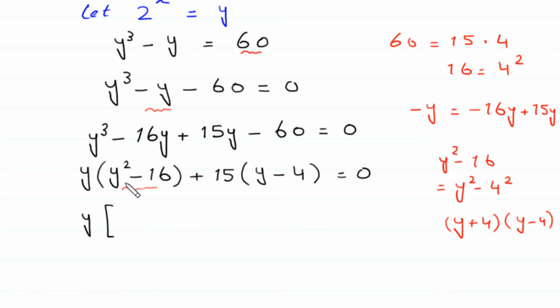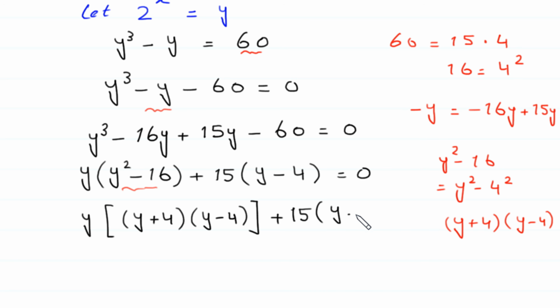So we can write this y square minus 16 as y plus 4 times y minus 4, plus 15 times y minus 4 is equal to 0. Now from here we can factor out y minus 4.